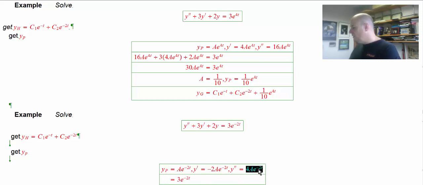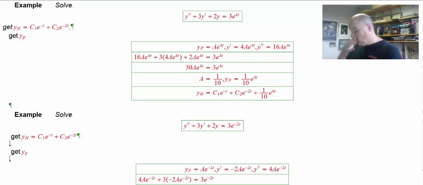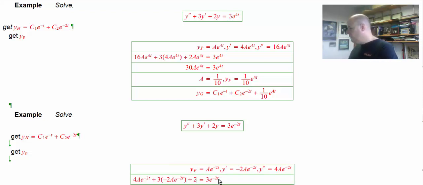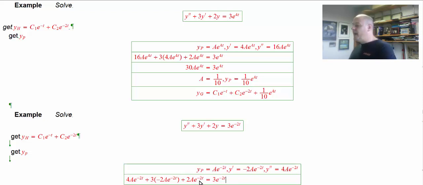So I need the second derivative plus 3 times the first derivative plus 2 times my guess, equal to the target, and now just figure out what a is.